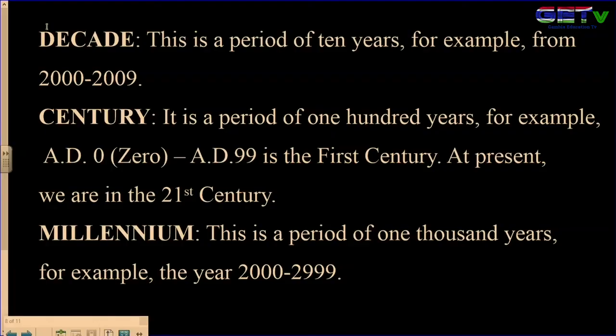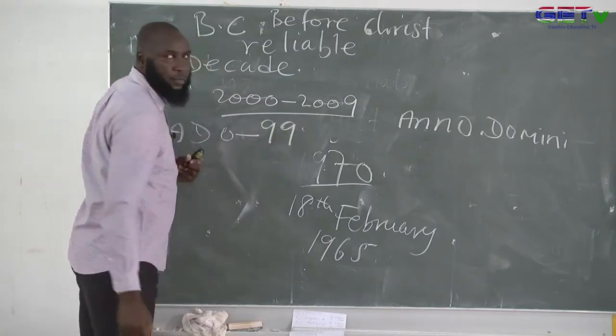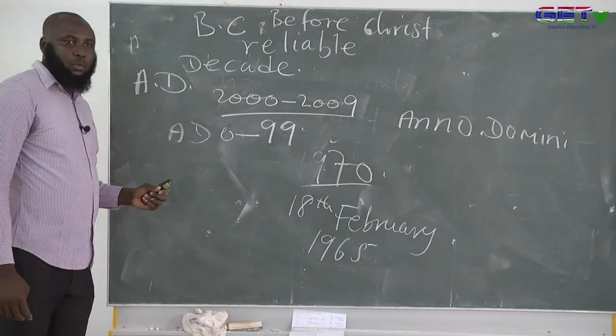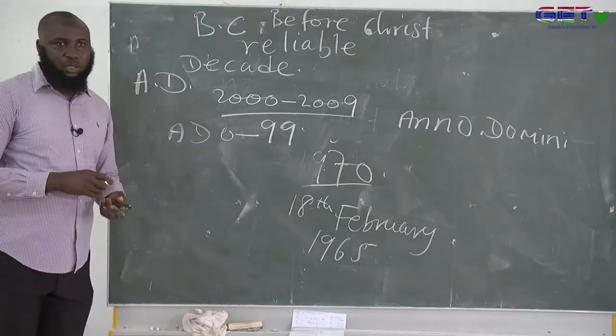The other one is century. A century is a period of 100 years. Every 100 years is considered as a century. That is, the first century starts from AD 0 to 99.